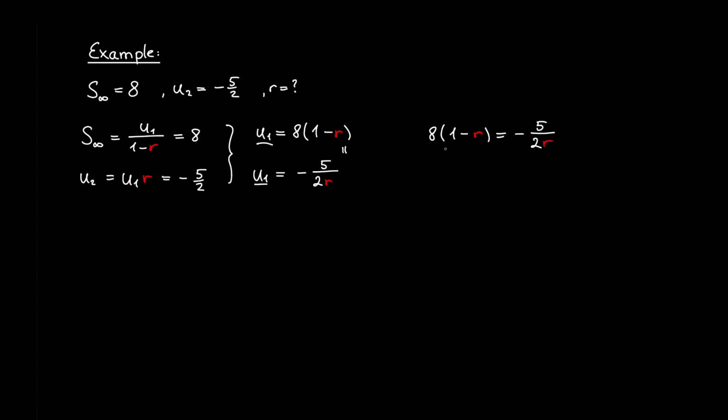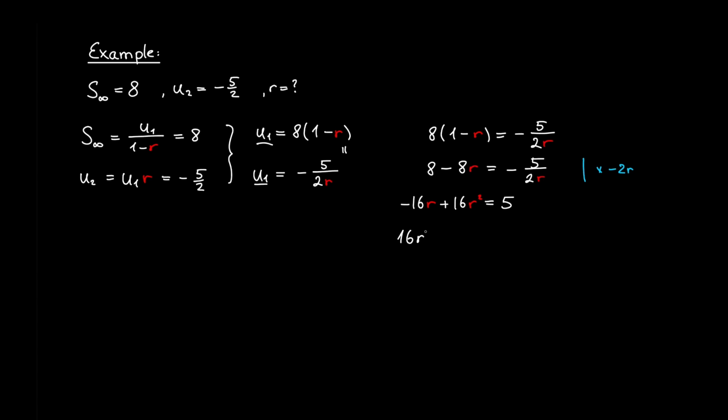Let's first open the parentheses. We get 8 minus 8r is equal to negative 5 divided by 2r. We can then multiply the entire equation by negative 2r in order to get rid of the fraction. And lastly, I can move everything to the left-hand side.